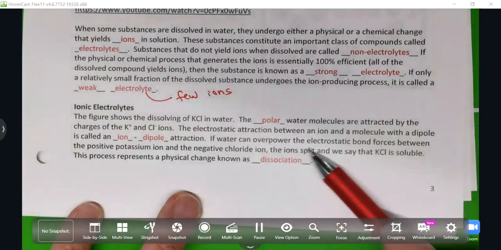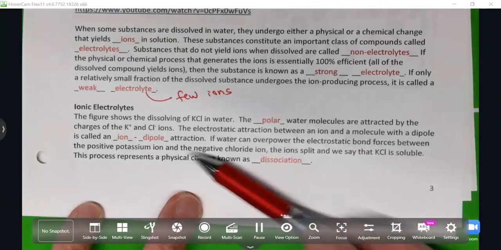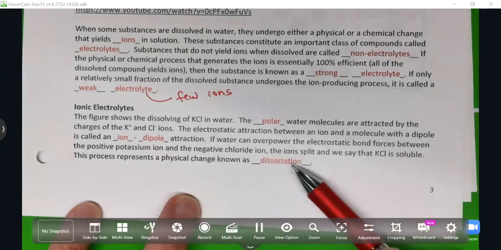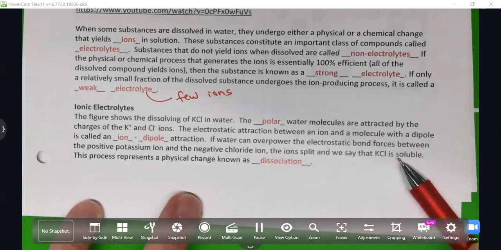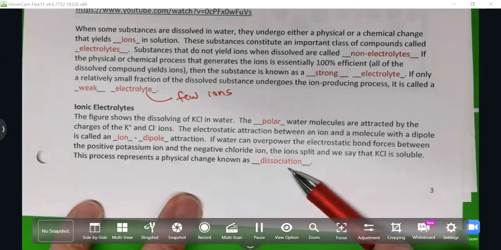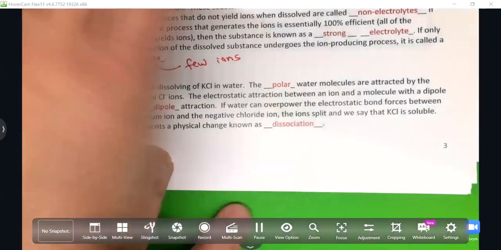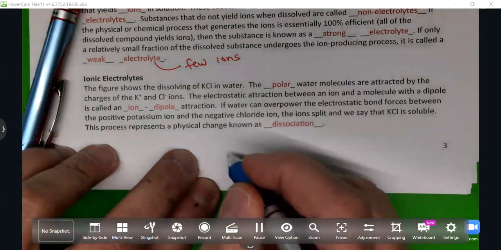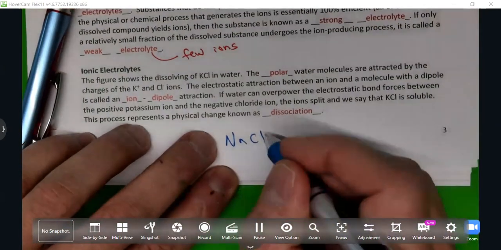If water can overpower the electrostatic bond forces between the positive potassium ion and the negative chloride ion, the ions split, and we say that KCl is soluble. This process represents a physical change known as dissociation. So we know that the easiest one that you know is table salt. Solid.